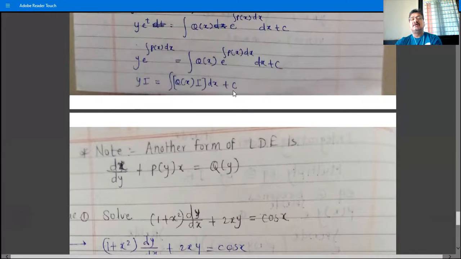So this is the general solution of the given differential equation, and this is the formula to obtain the general solution of the linear differential equation. What is the formula? yI is equal to integration of QI dx plus constant. What is I? I is e raised to integration P dx.